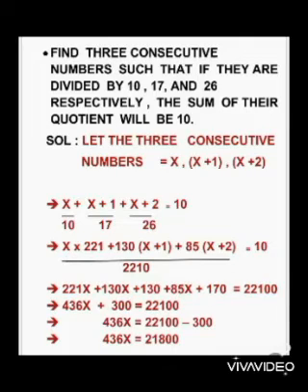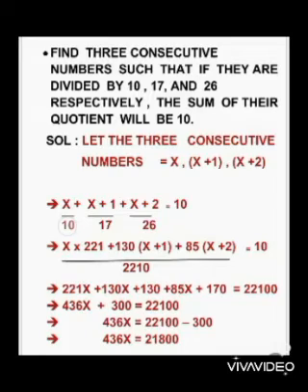Okay. Now first let us find the LCM of the denominators. What is there in the denominator? 10, 17 and 26. So the LCM of 10, 17 and 26 is, children, 2210.